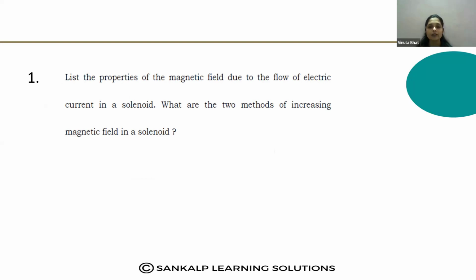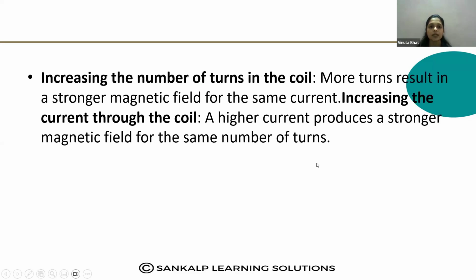What are the two methods of increasing the magnetic field in a solenoid? How can we increase the magnetic field in a solenoid? Here we can increase the magnetic field in the solenoid by increasing the number of turns.